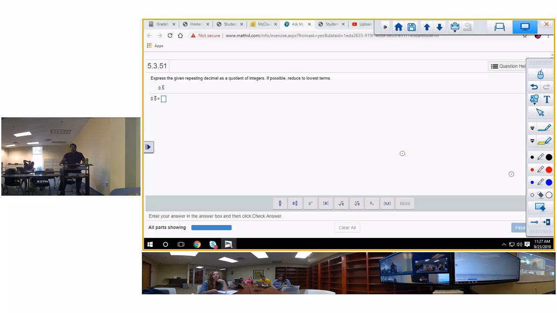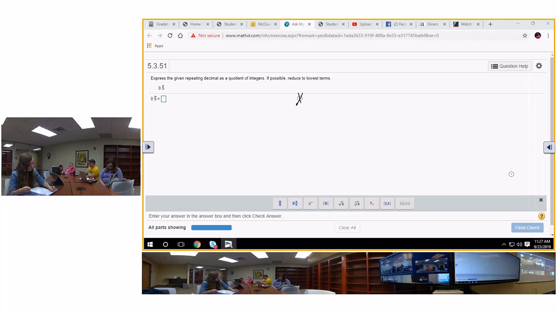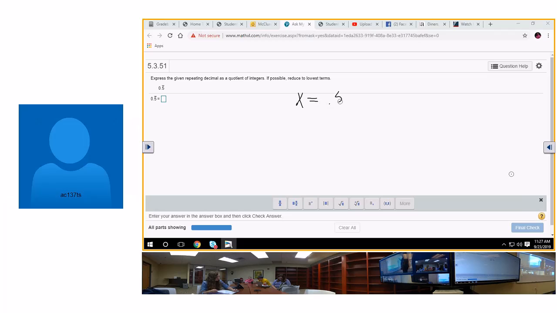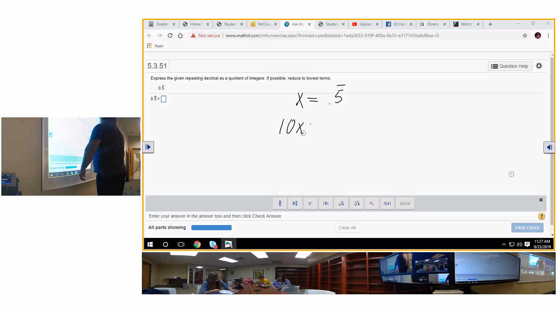So we're going to first of all set it equal to x. X is equal to 0.5 repeating. So I got to get rid of that 0.5 repeating. So I'm going to multiply by 10, and I get 10x is equal to 5.5 repeating. Everybody with me?